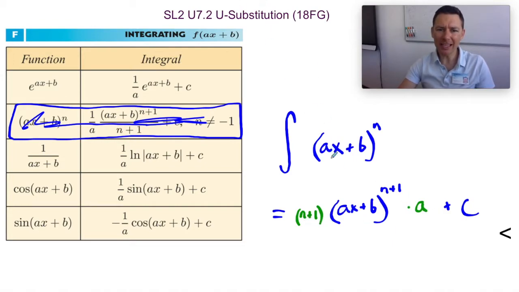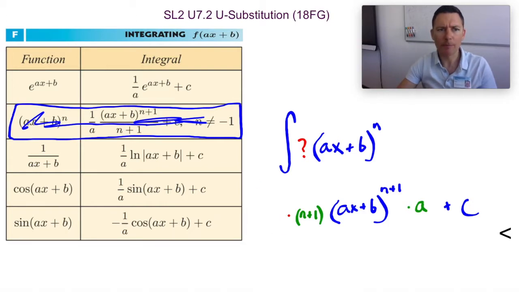But we don't see it here, right? There's no n plus 1 and a term here, which means that there was something in this original piece that canceled this and this out. And the best way to do that is by multiplying by a 1 over n plus 1.